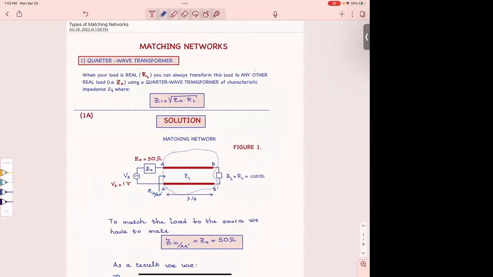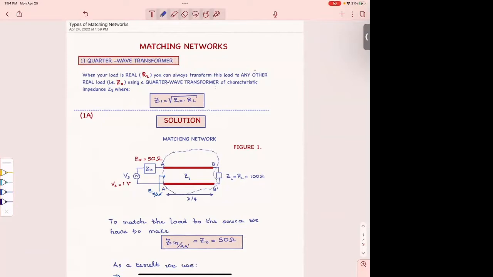In that case, you're constrained. The other constraint can come from the length of the line. If somebody tells you that you can use the length of the line, but it has to be this length, then you can be a little smart and do a couple of things.